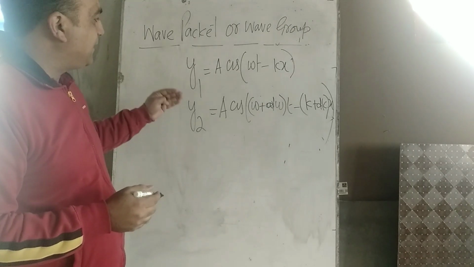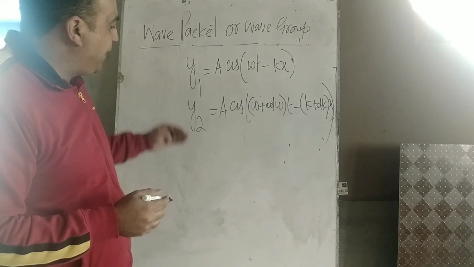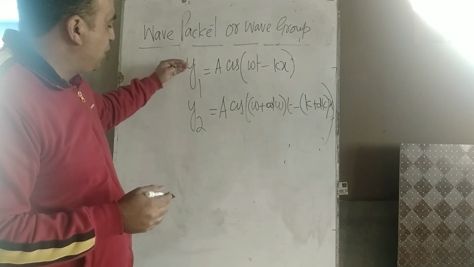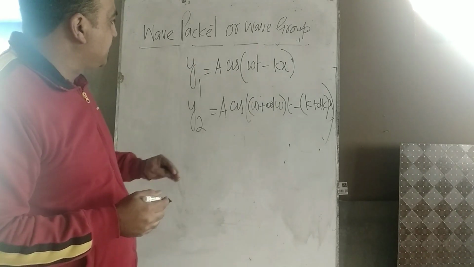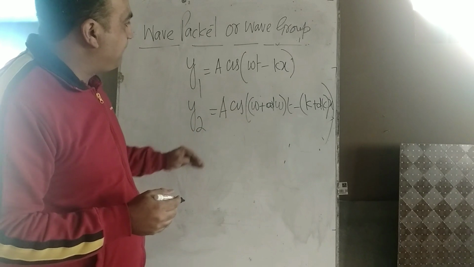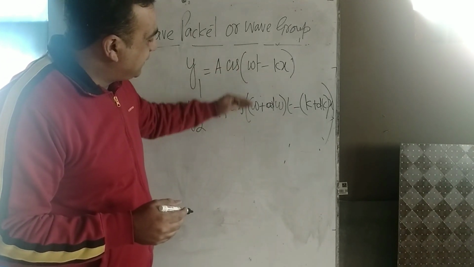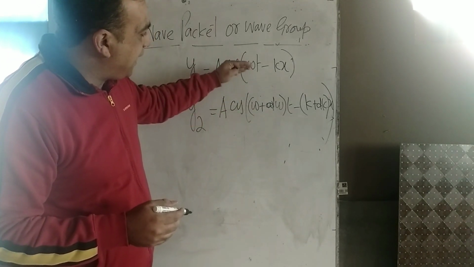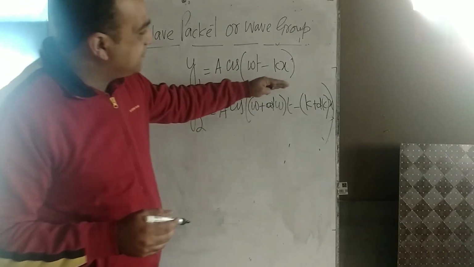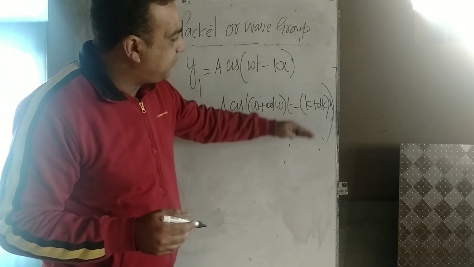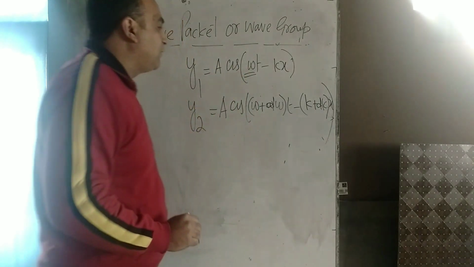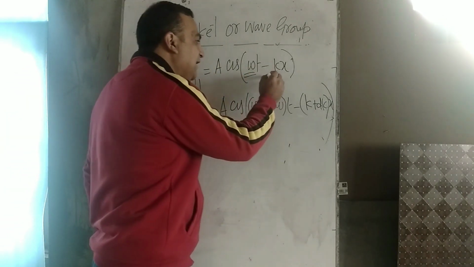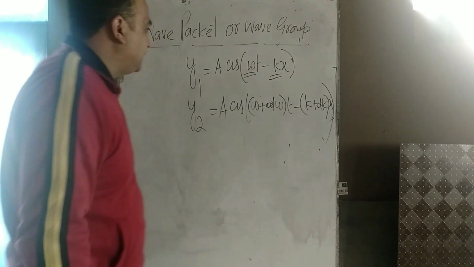you can really see here that you have the two waves having displacements y1 and y2 with respect to their mean positions, and their amplitudes are the same, but there is a slight variation in their angular frequency and a slight variation in their propagation vector. As all of you know, ω represents the angular frequency, and k is called the propagation vector.